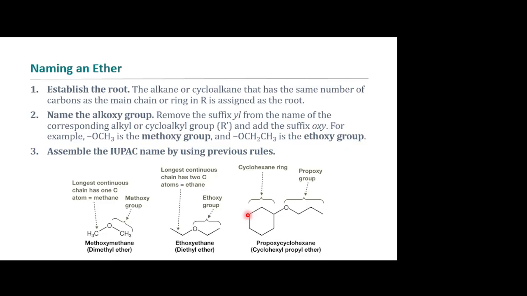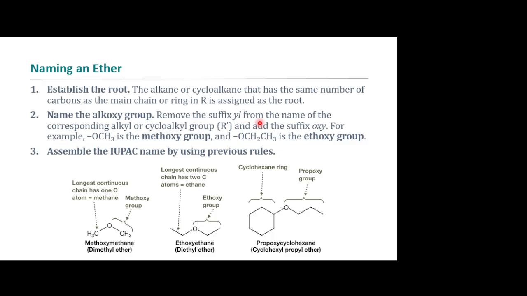Okay, so number one, establish the root. Alkane or cycloalkane that has the same number of carbons as the main chain or ring in the R is going to be assigned as the root. Name the alkoxy group. So you're going to then name that shorter chain that's off the oxygen as the alkoxy group.